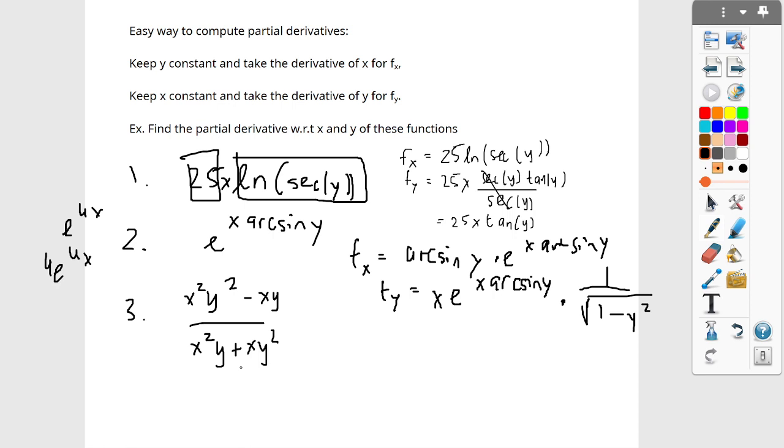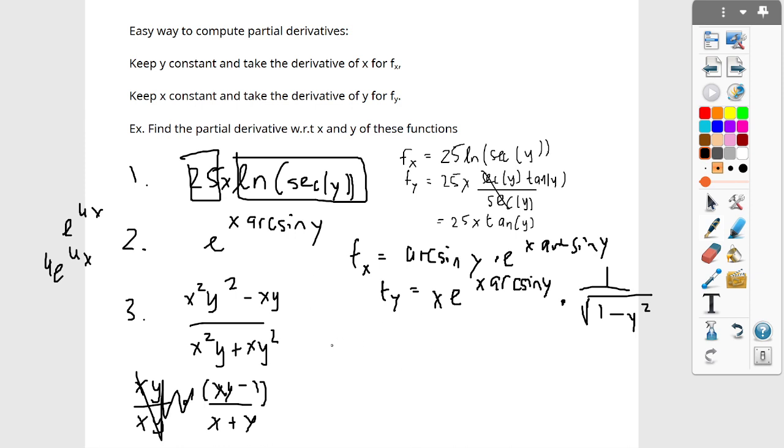There's a much simpler way, and that's taking xy out of the top and the bottom, which will get you xy over xy times xy minus 1 over x plus y, right? Which is just this right here. So it's not very hard at all.